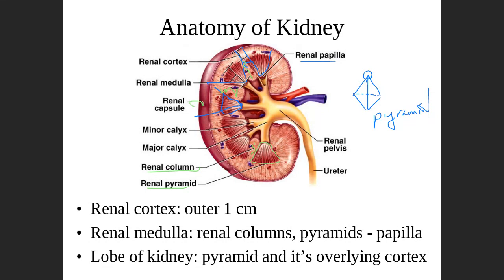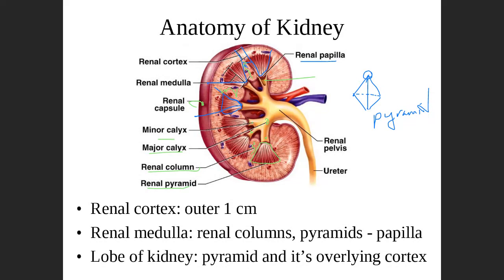The capsule sits on the outside. This right here that receives the urine from the renal papilla is known as the minor calyx. You see there, that's a minor calyx. Minor calyxes will merge to become a major calyx.